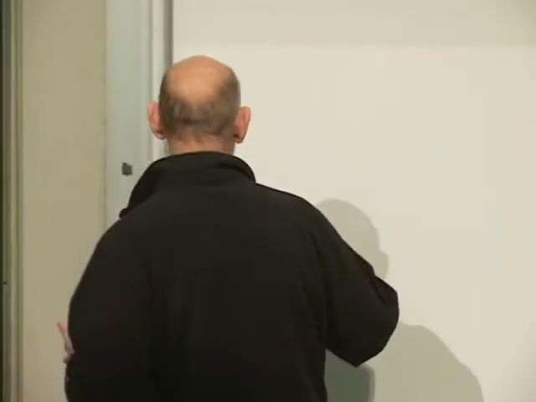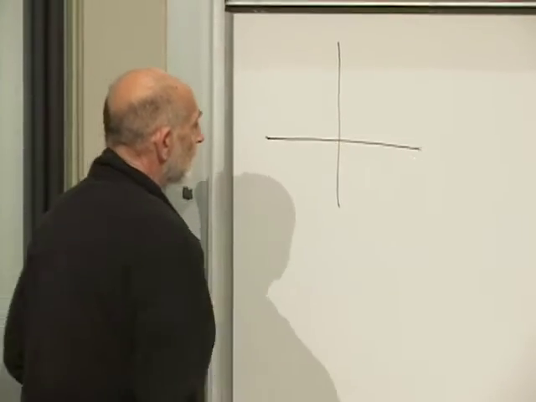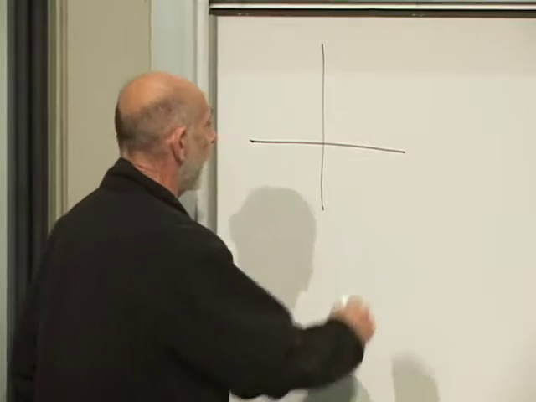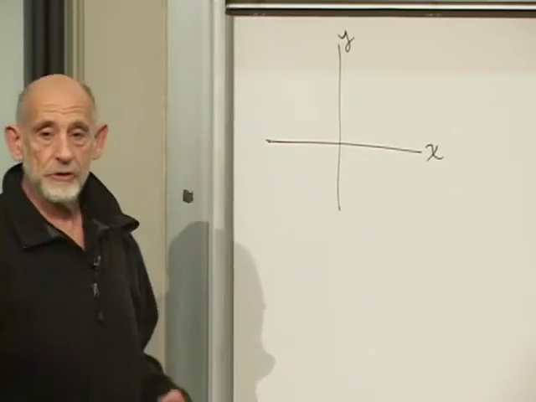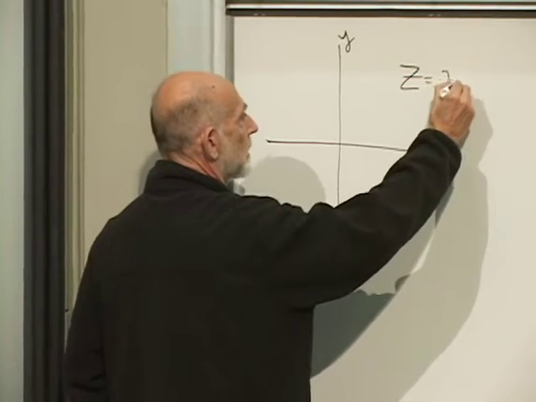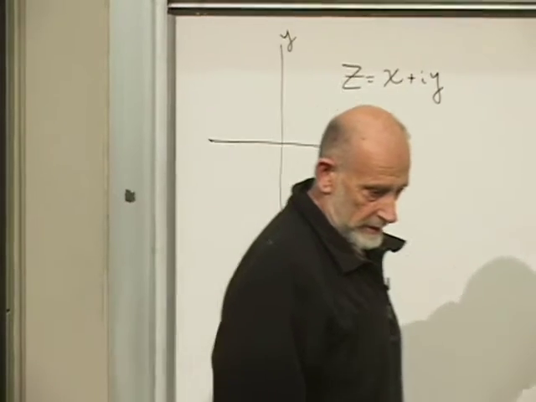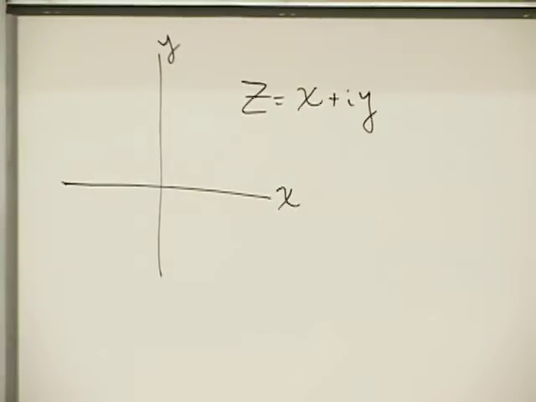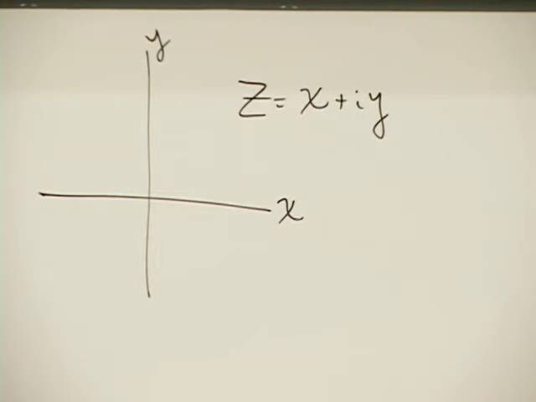A conformal mapping is a mapping of the plane, the xy plane, to itself. So here's a Cartesian plane described by x and y, and let's use a complex coordinate, z equals x plus iy. The usual complex notation representing the plane.